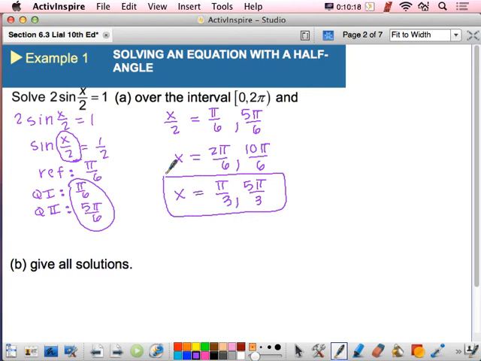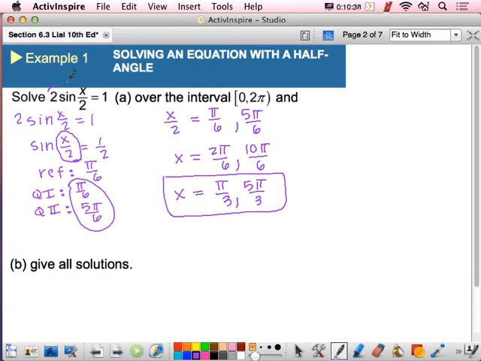Next, we want to talk about all solutions. In order to do that, you have to be able to understand what the period was of the function that you solved for. Normally, we would add 2 pi or 360. That's only if the period is 2 pi or 360. This period isn't.